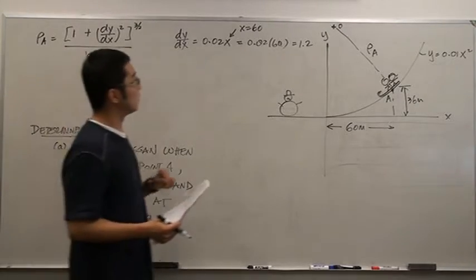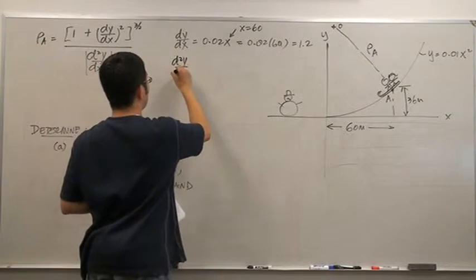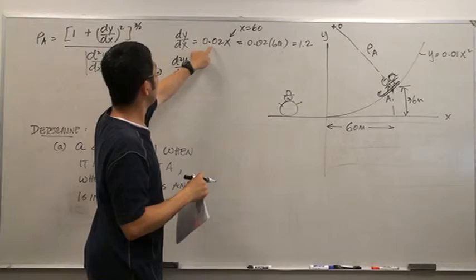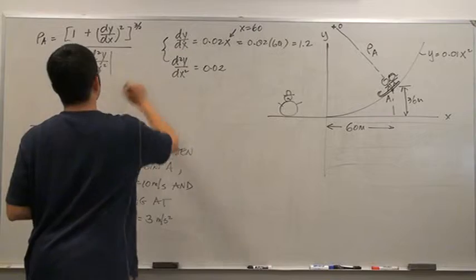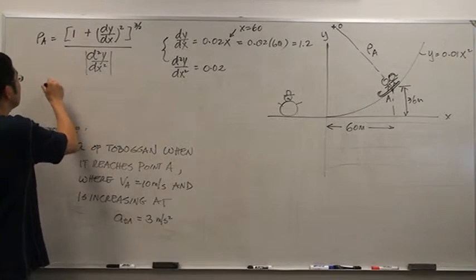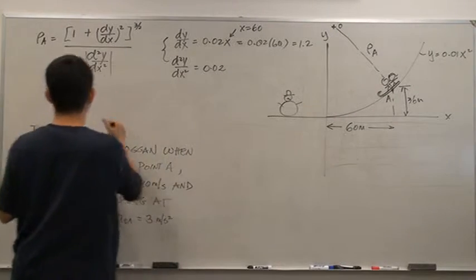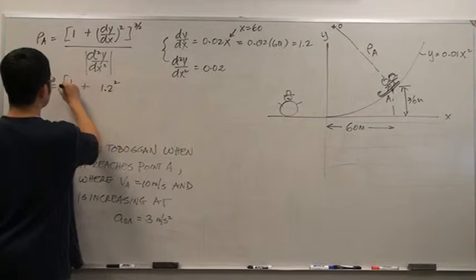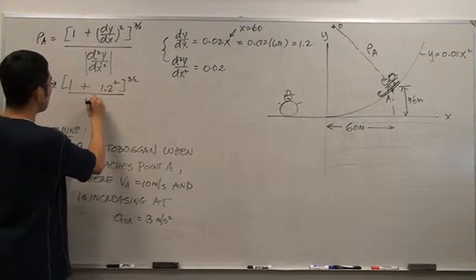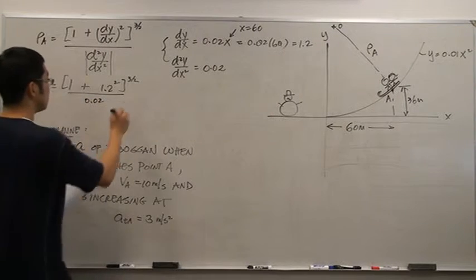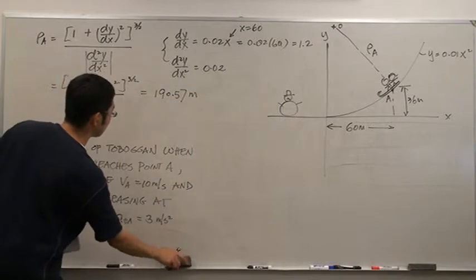It is a dimensionless number, dy/dx. And d squared y over dx squared would be 0.02. Now you have these two numbers which you can substitute into this equation. What you have here is 1 plus 1.2 squared, to the power of 3 over 2, divided by 0.02 in the denominator. What you get here is 190.57 meters.